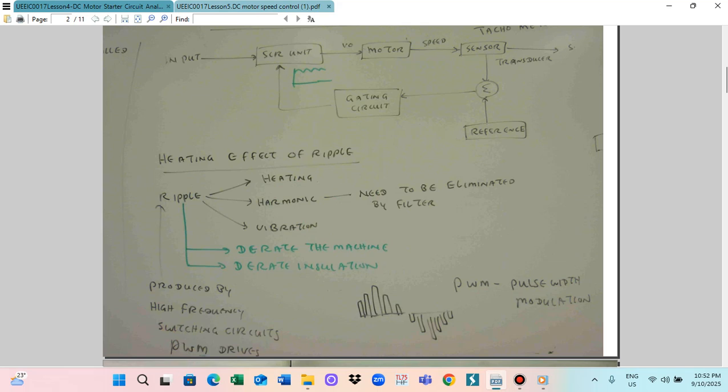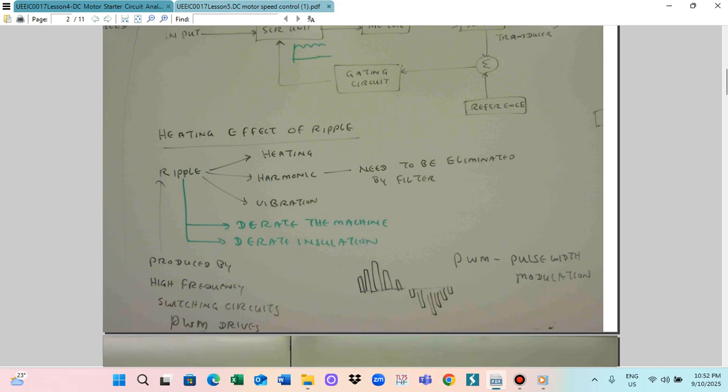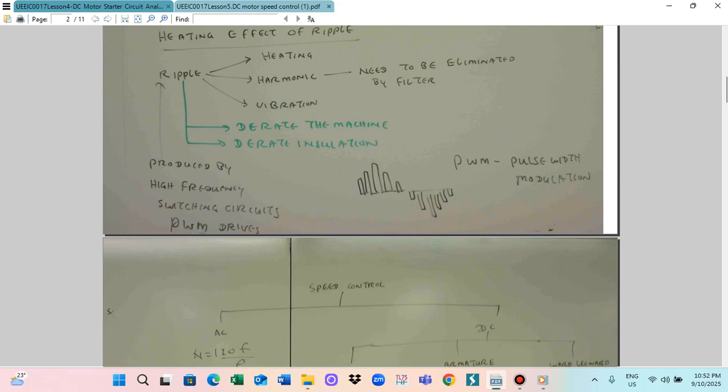PWM drive means that by switching we can form a sine wave. This is bidirectional, and we can form a sine wave. So this is what we call the PWM system.